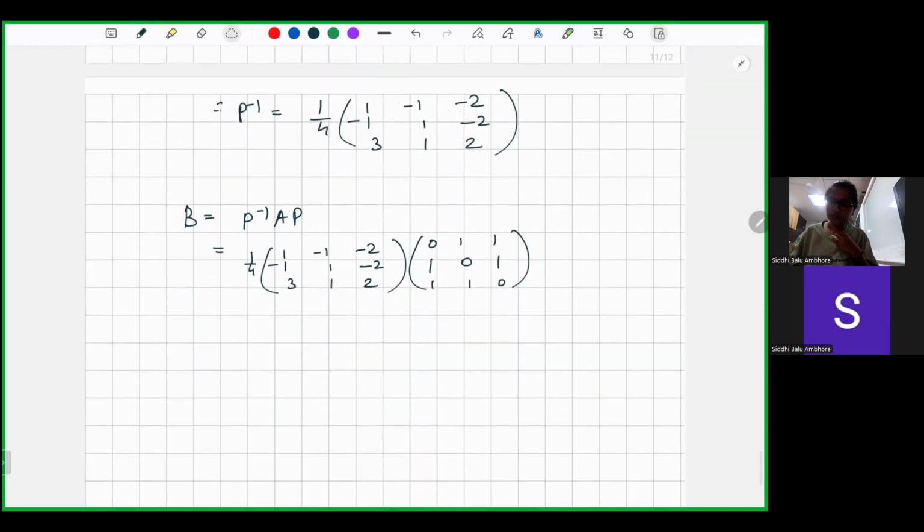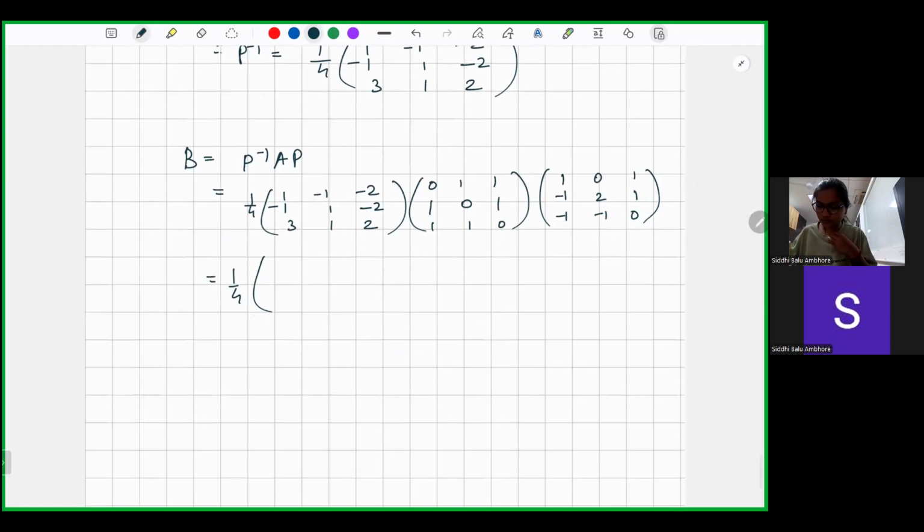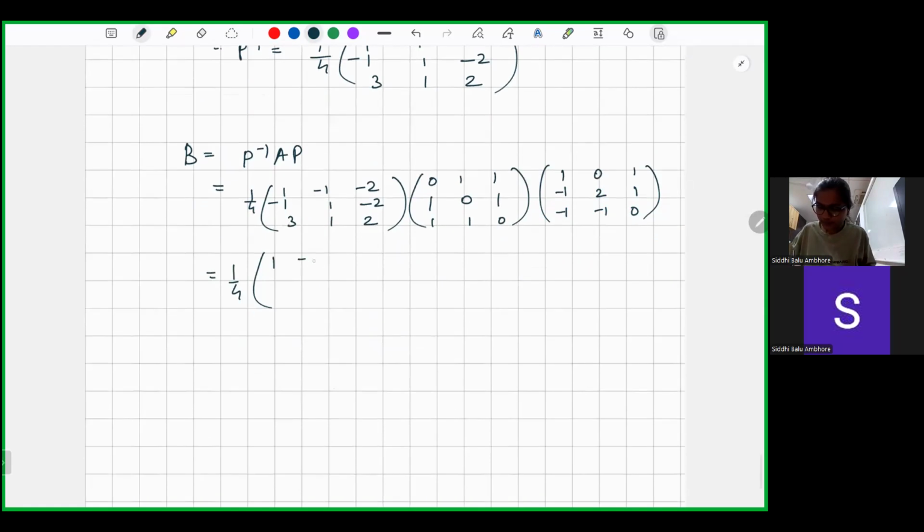So we just have to multiply these three matrices and we will get what we wanted. So this is 1 by 4. Let this be as it is.